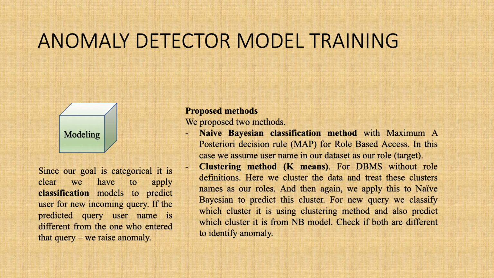Before feeding the data to the classification model, we did one hot encoding, because we have to convert our features from categorical to zeros and ones.